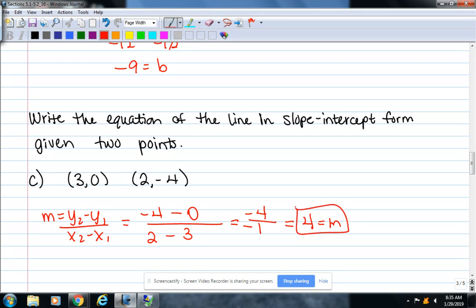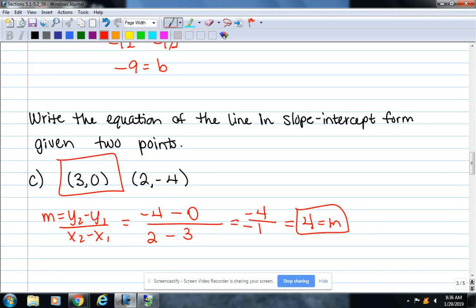Okay? So got M. Do I have B? Not yet. I got to get it. So if you've got 2 points that they've given you, you pick one. Pick which one looks easier to you. Which one looks easier to you guys? (3, 0). Okay, so I would put a box around whichever one you pick, because what will not work is you pick an X from this point and a Y from this point or vice versa.